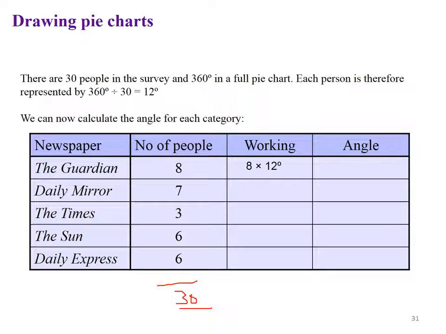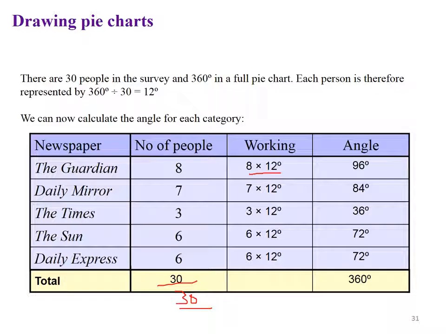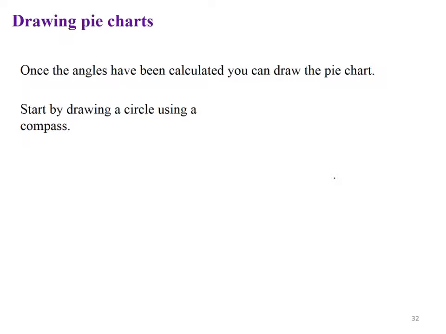So 1 person represents 12 degrees, so 8 people represent 8 times 12 degrees. Similarly for the second one, that should be equal to 96, so the corresponding angle is 96. Similarly 7 times 12 is 84 degrees, and 3 times 12 is 36 degrees, then 72 degrees, and the last one also 72 degrees. Then we can draw the pie diagram.